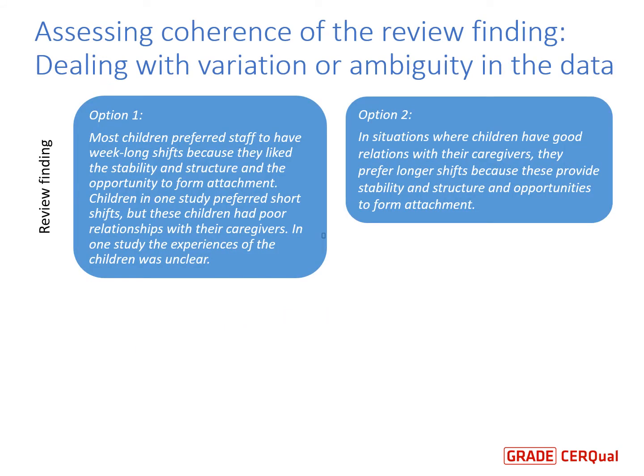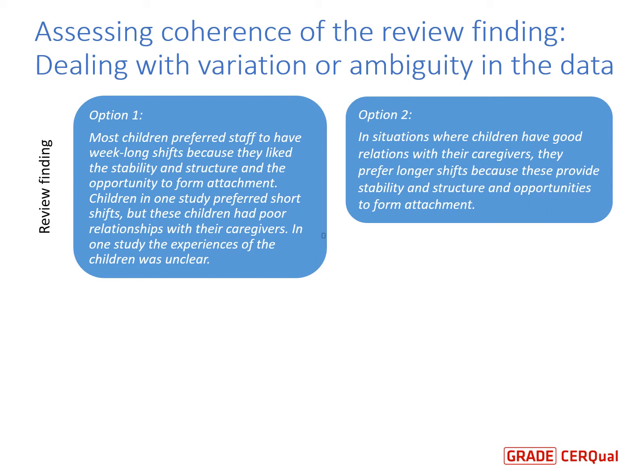So, how do review authors deal with variation or ambiguity in the data? We will look at an example drawn from a qualitative evidence synthesis of how children in institutions experience staffing arrangements. The synthesis found 7 studies that indicated that children had good relationships with staff members and preferred long shifts because of the stability this offered.